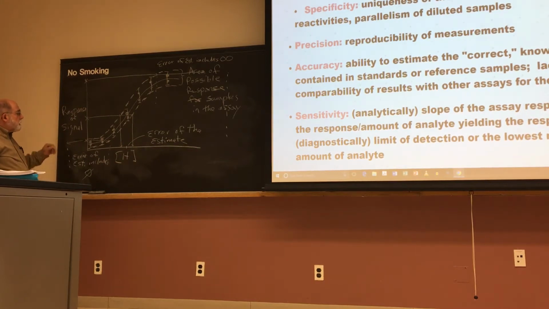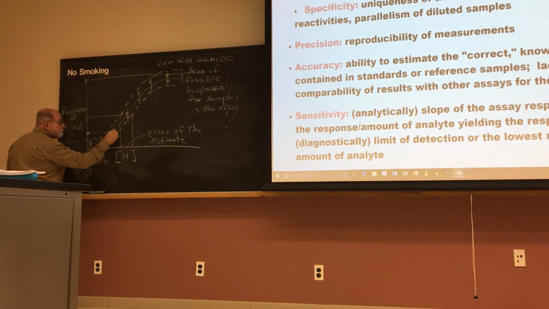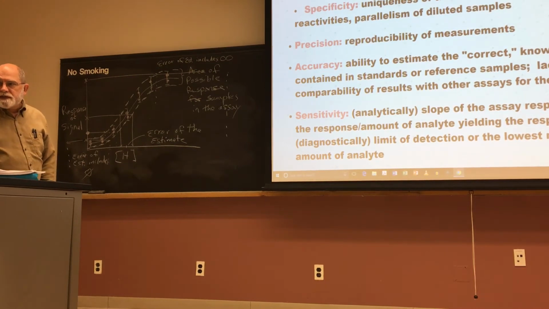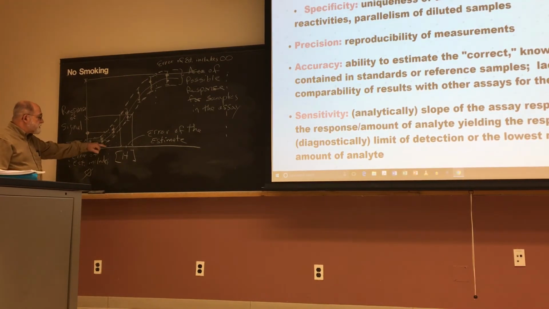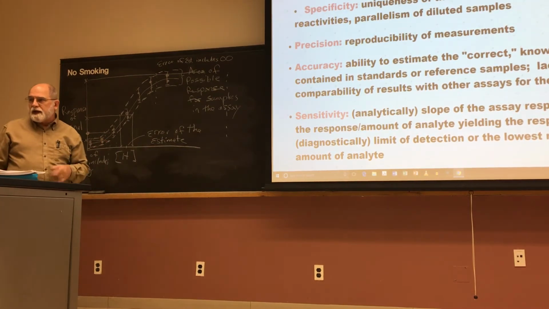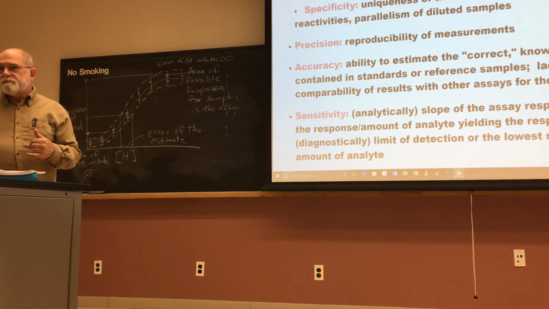Now, to be sure that the results you're getting are actually readable and can be determined to be non-zero, you have to be above this window. So your sample has to be, say, somewhere here so that this error of the estimate is above 0. So the limit of detection is the sample with the lowest concentration that can be reliably estimated as above 0. Okay?